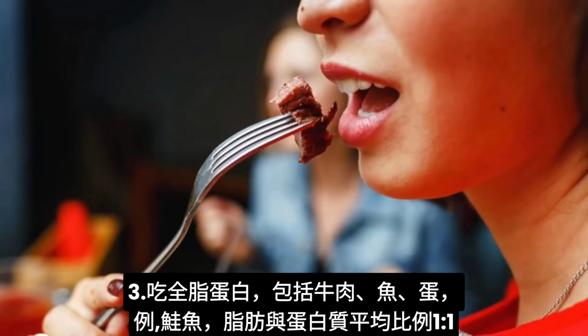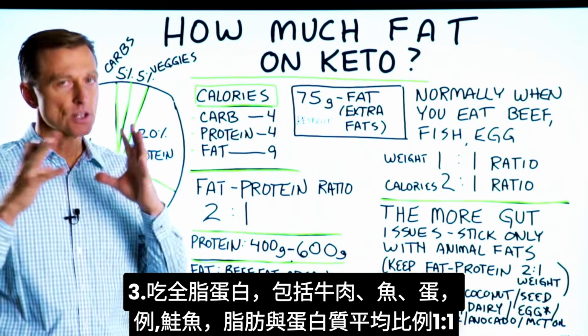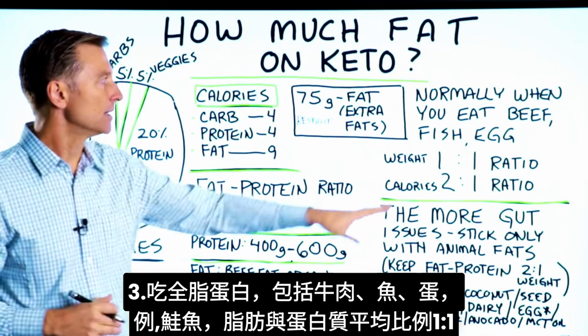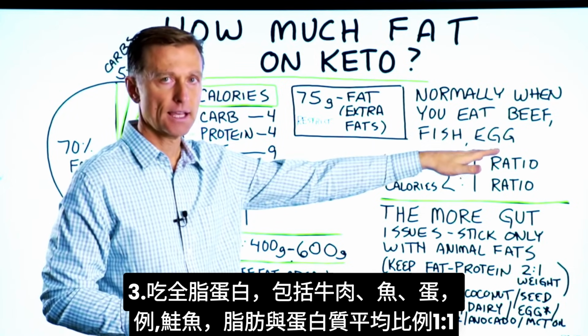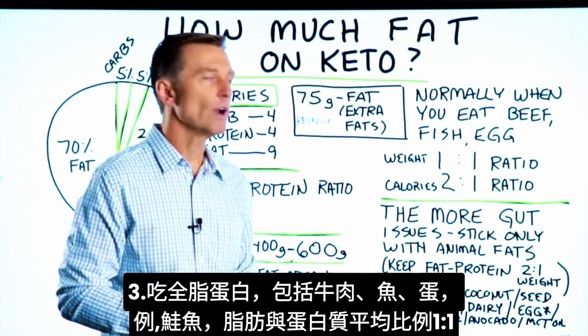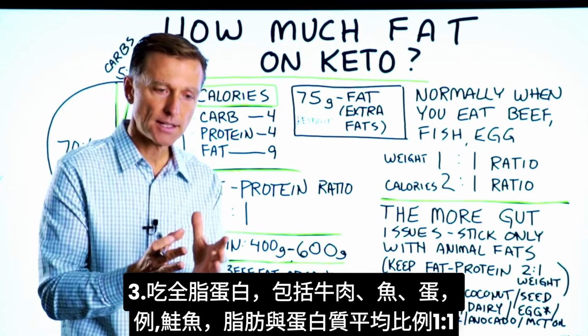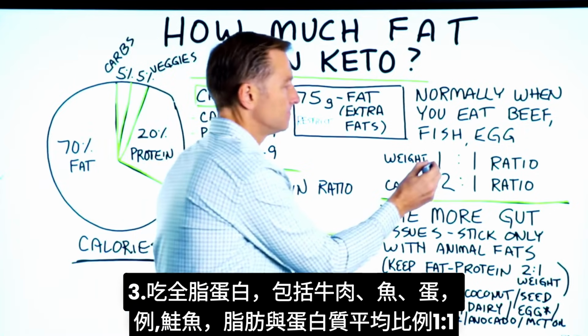Now, normally when you consume protein in its whole form, and I'm giving a generality, it's not exactly this, but if you consume beef, fish, egg, I'm talking about like salmon or egg, the ratio of fat to protein is roughly 1 to 1, okay?